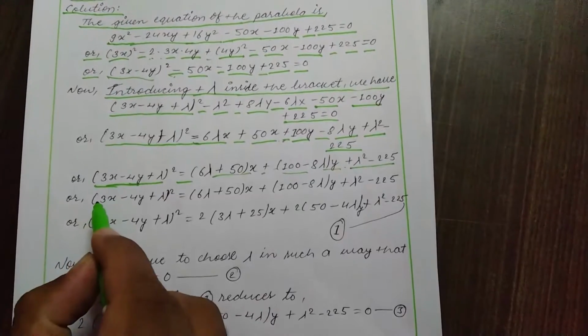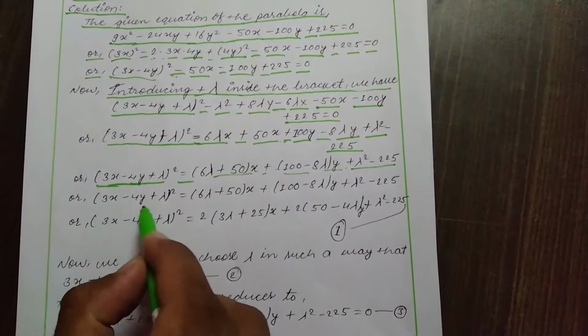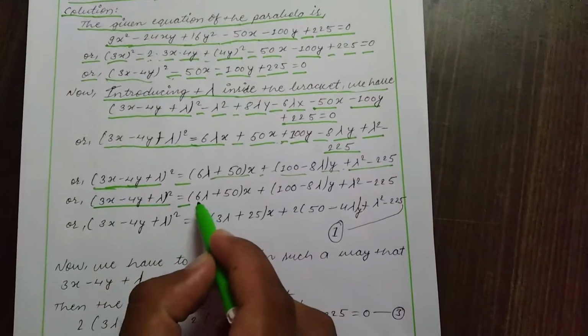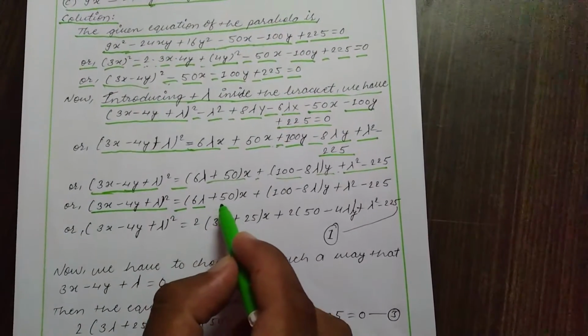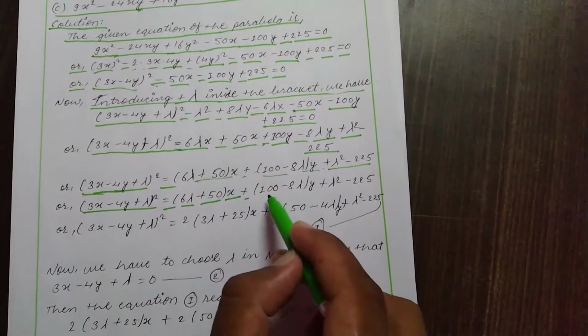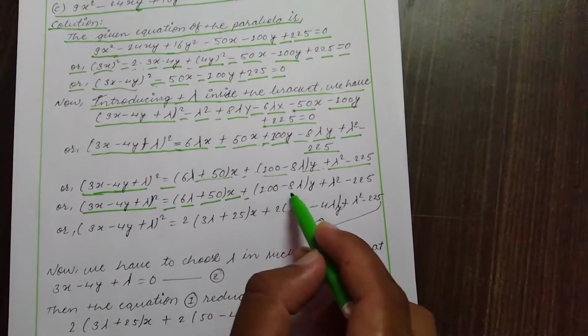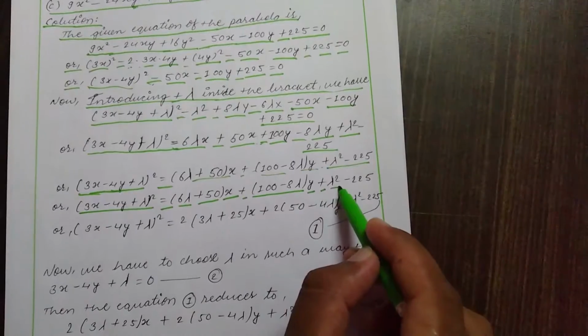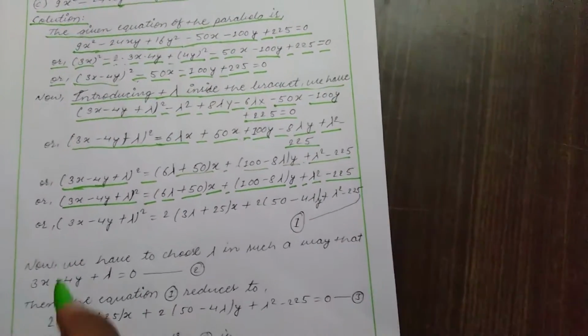Again, (3x minus 4y plus lambda) whole square equals (6 lambda plus 50) x plus (100 minus 8 lambda) y plus lambda square minus 225.